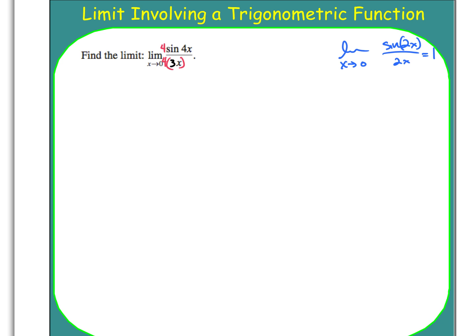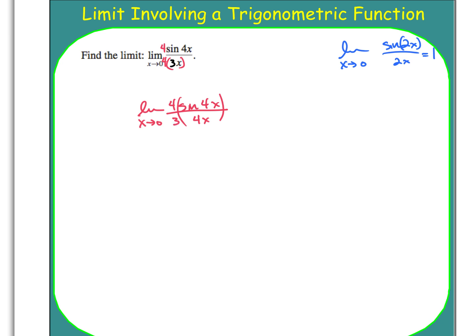Okay. So now I end up having my limit as x approaches 0 of sine of 4x. I've got a 4 chilling out front still. But what do I want to put this sine of 4x with? Not a 3x, but a what? A 4x. And what's going to be on the outside? A 3. Now, I hear some people saying, I want a 12x.